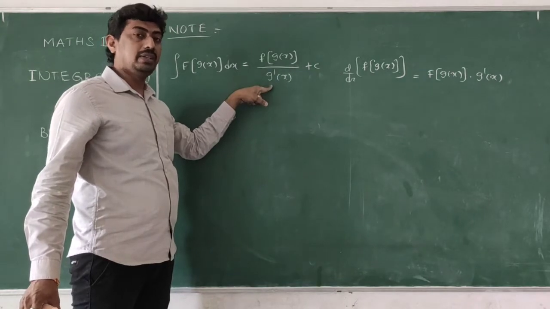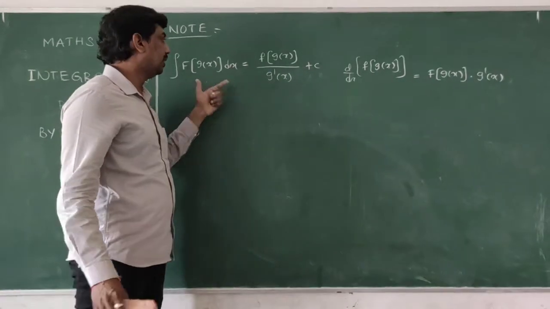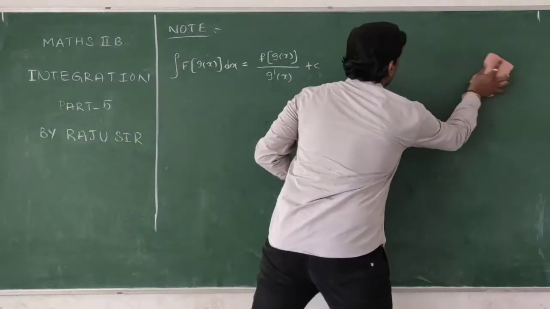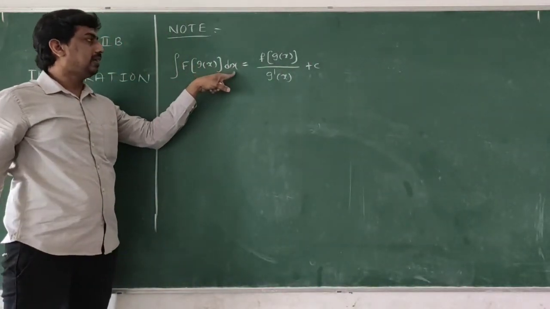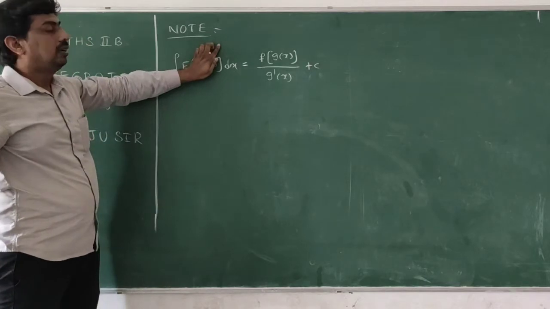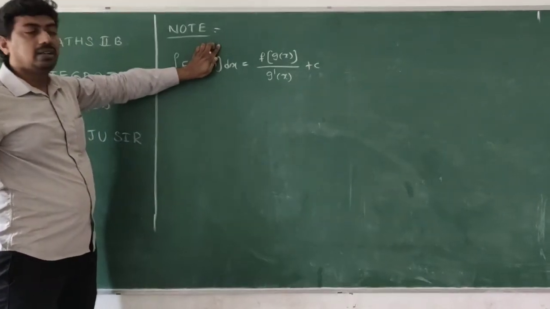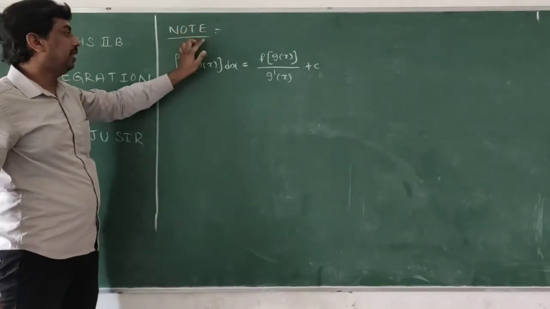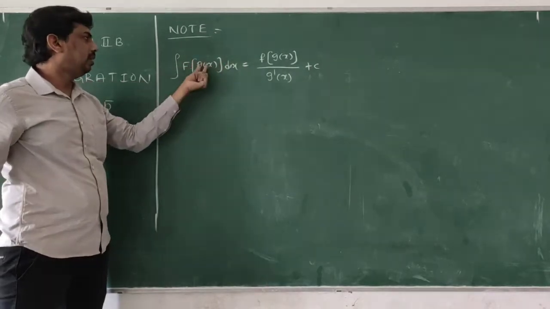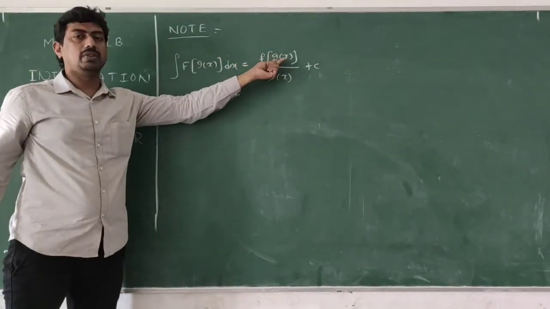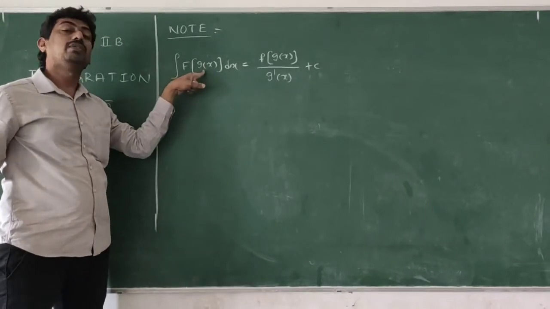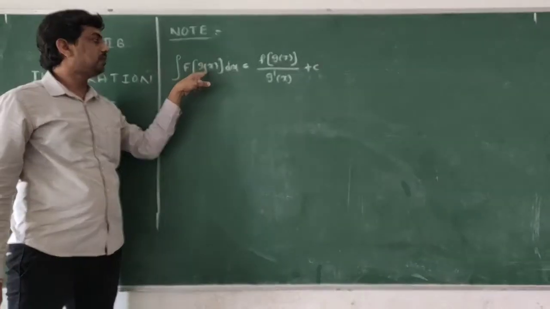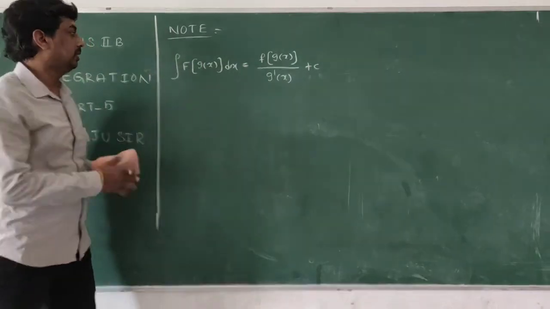Now, understood clearly? So the integration of capital F of g of x dx equals, first, the overall function's integration, written in terms of g of x. After that, write in the denominator the derivative of the internal function, g of x, which is g dash. That's it.